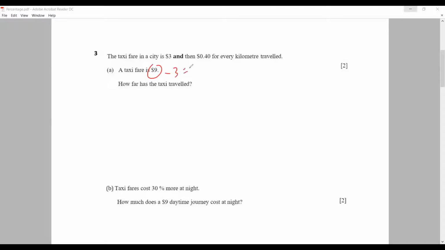So 9 minus 3 is 6, that's the taxi fare. And then 40 cents for every kilometer. So 6 divided by 0.4. That is 15. So 15 kilometers, that's how much the taxi traveled. Just deduct this 3 from the total amount that you're being charged.